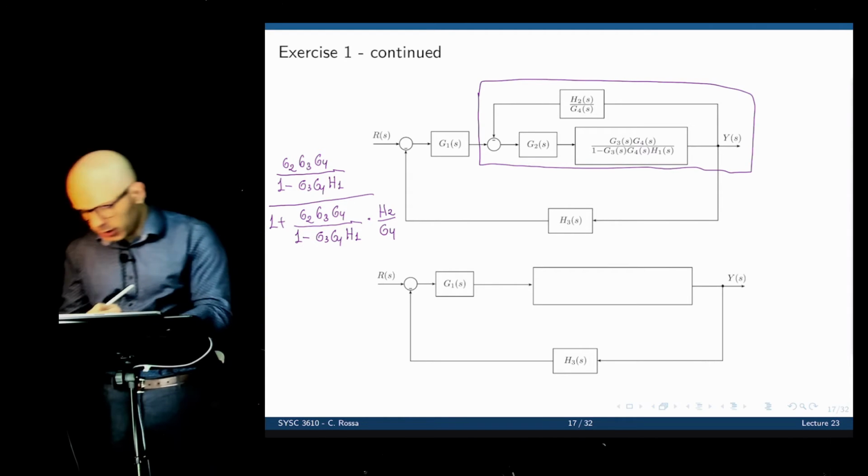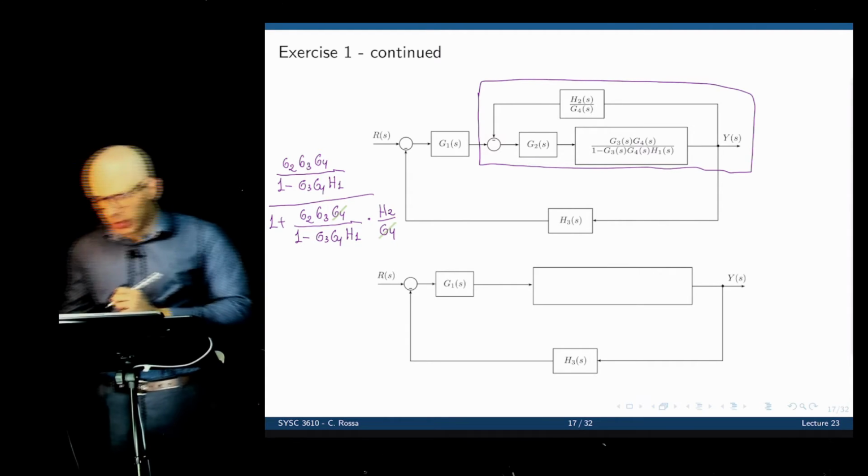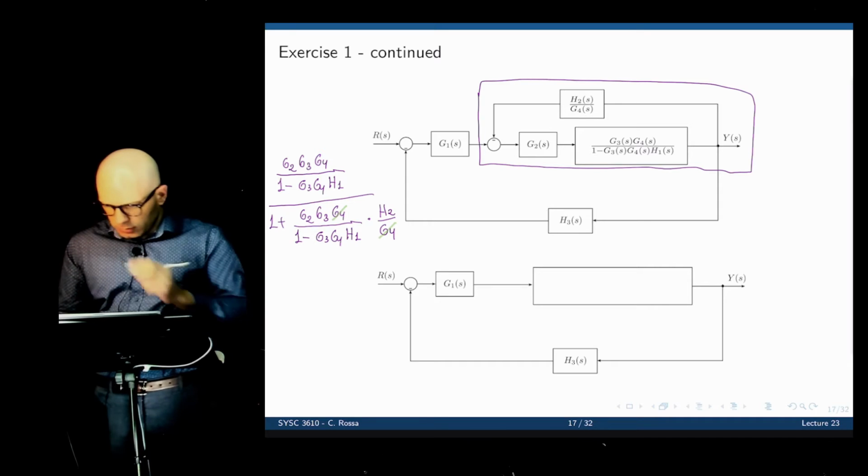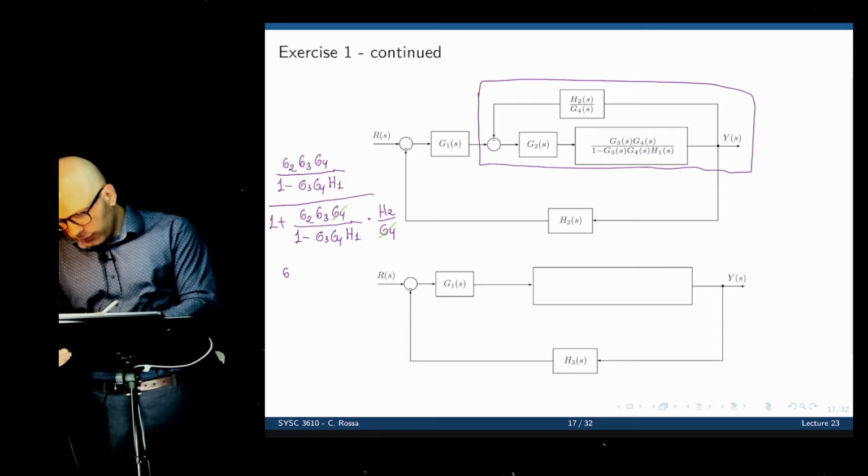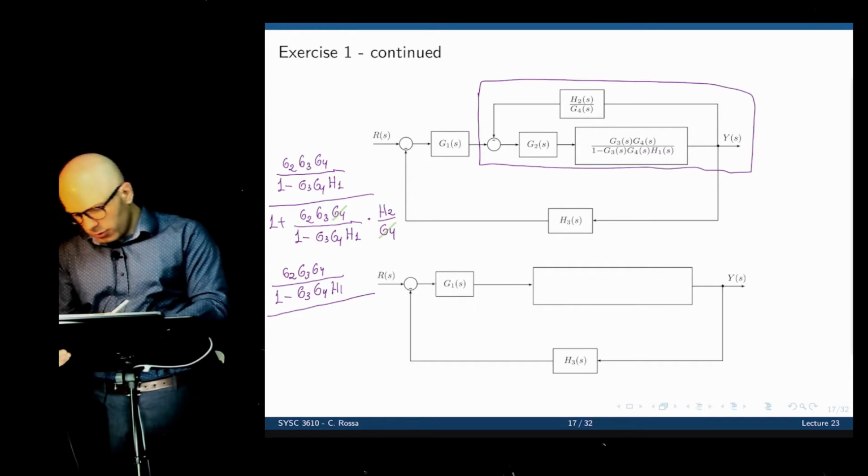What can we do? Well, we can see that this G4 and this G4 will cancel out. We can find a common denominator for the denominator of the transfer function. The top for now doesn't change. The common denominator here will be 1 minus G3, G4, H1.